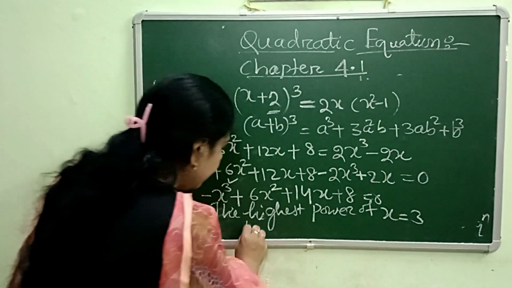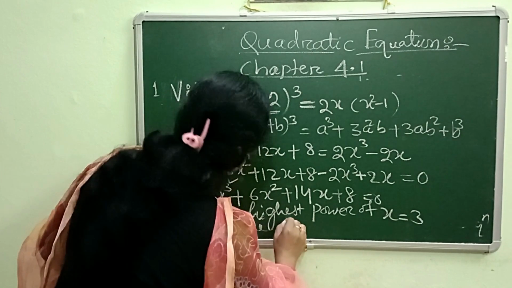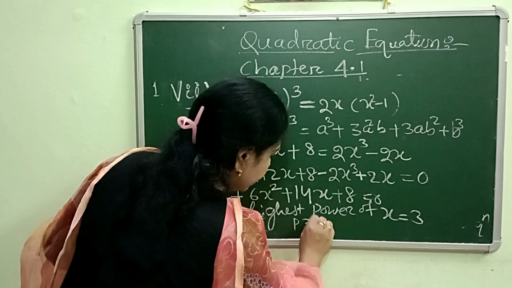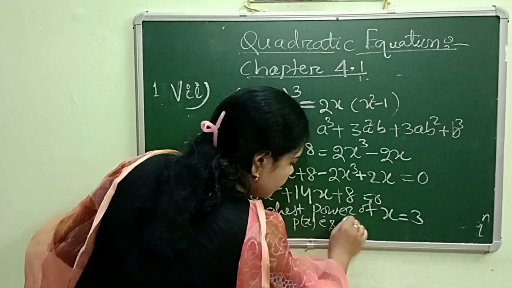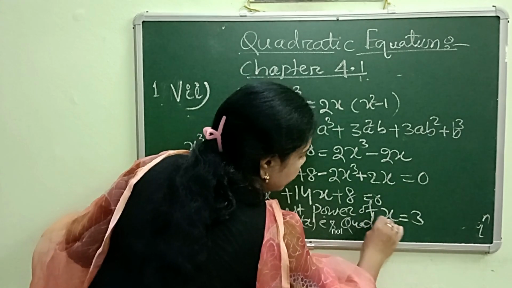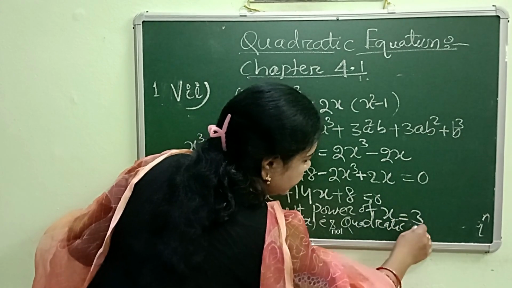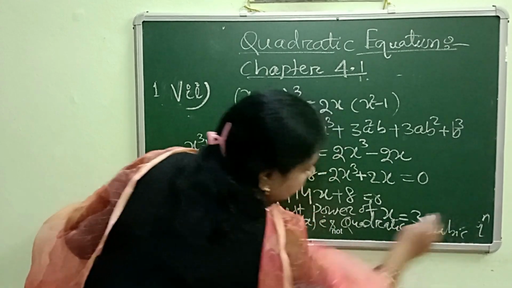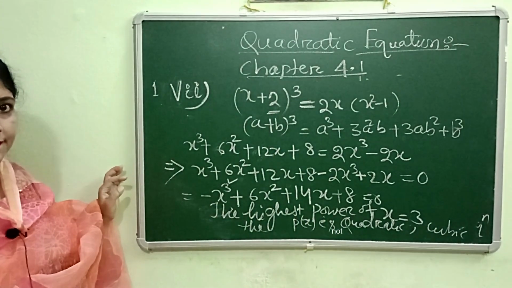So the polynomial p of x is not quadratic. It is a cubic polynomial.